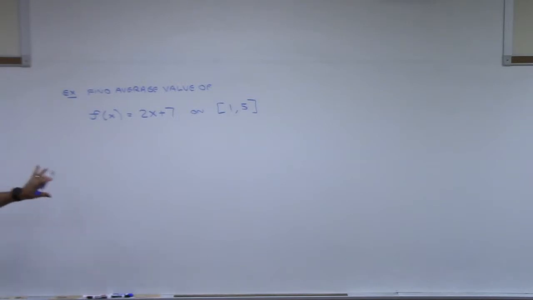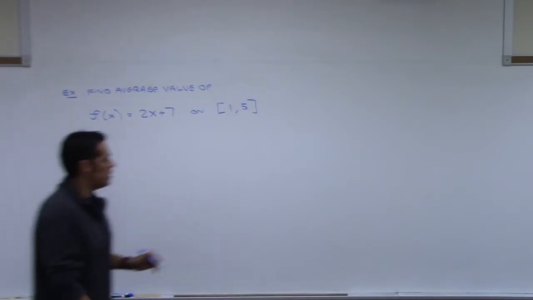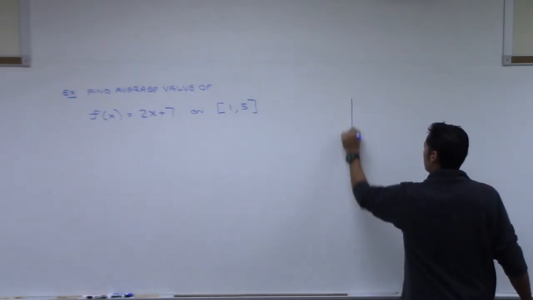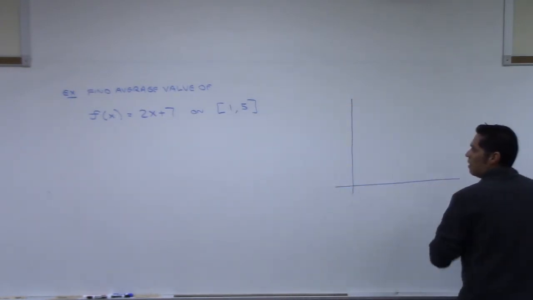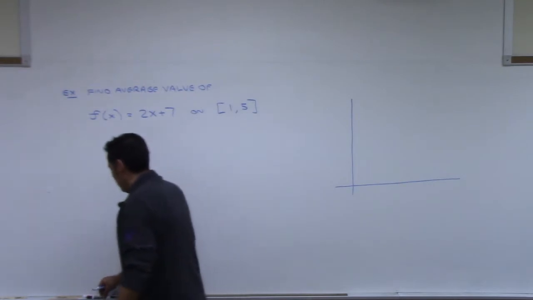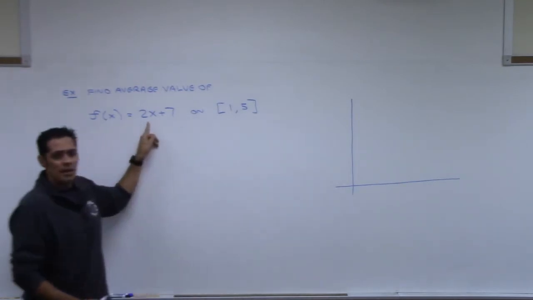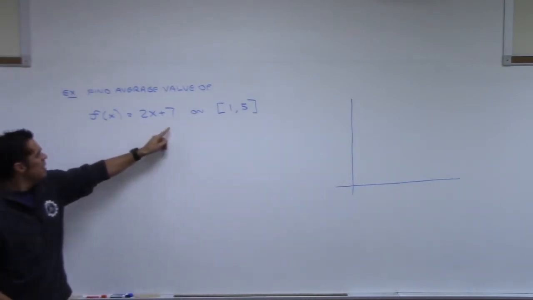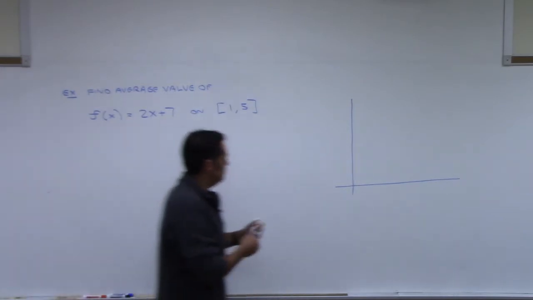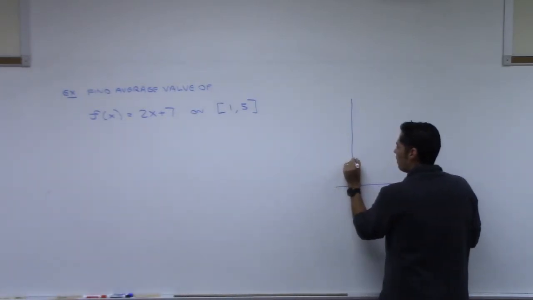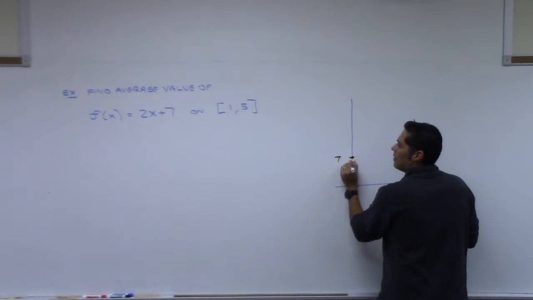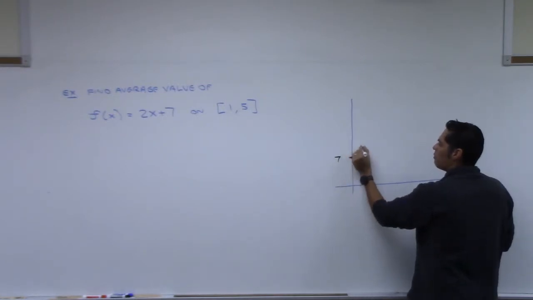Now, normally we don't need to draw the picture to do this problem, but I'm going to draw this real quick because that's an easy function to graph. 2x plus 7 is a line, like y equals mx plus b. It has a y-intercept of 7, and then a slope of 2, which means up 2 over 1, up 2 over 1.